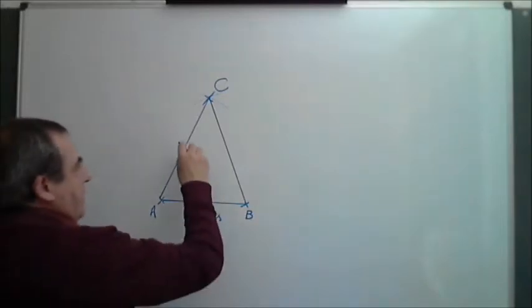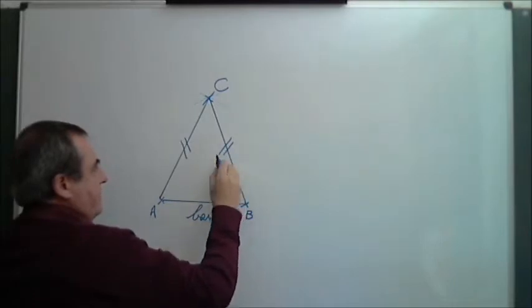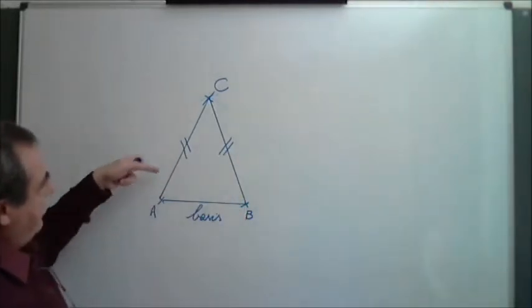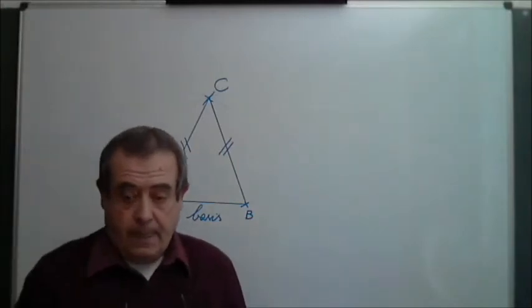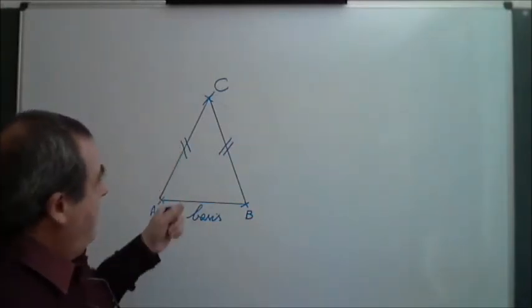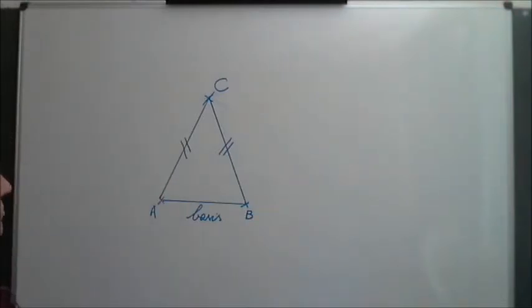So, the definition of an isosceles triangle: it's a triangle with two equal sides. Consequently, we have properties for this triangle.